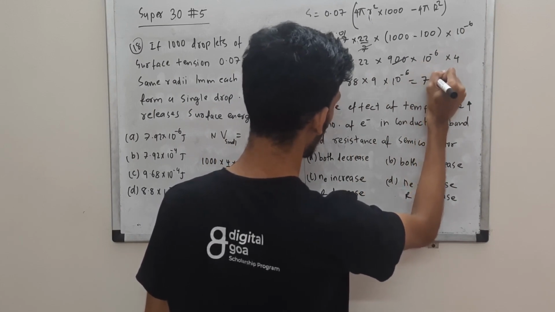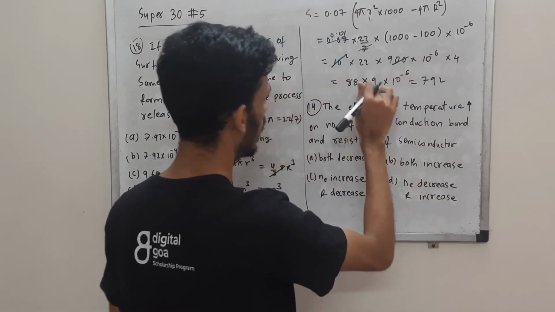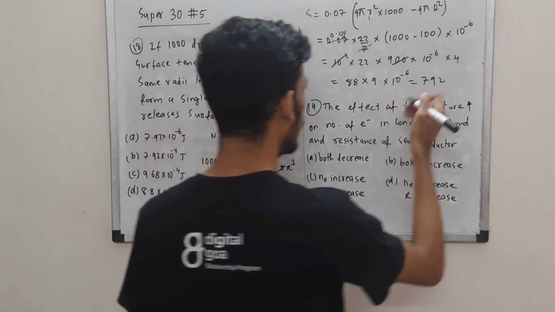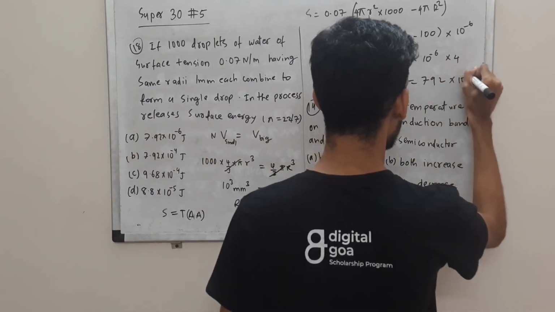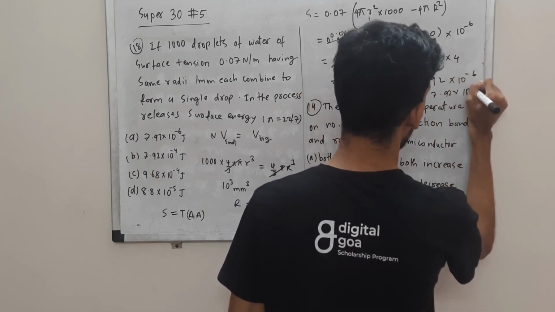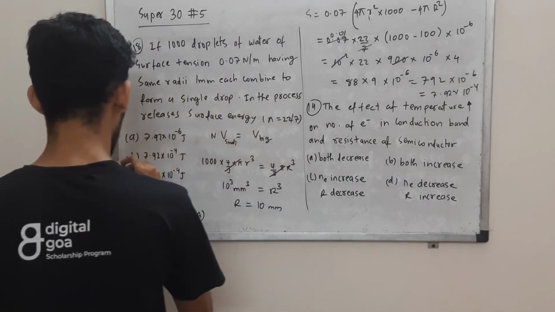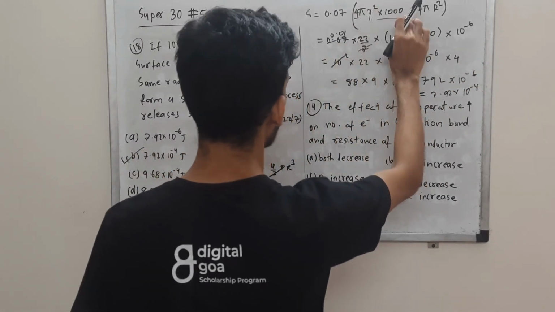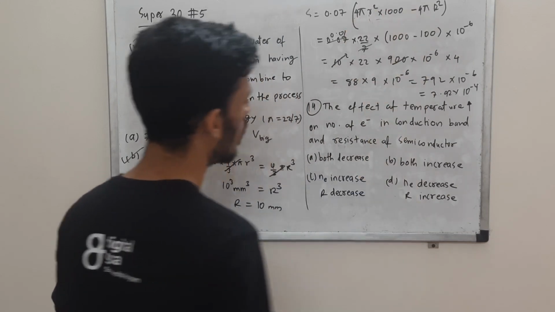Here it will be 792. You can check it: 8 9s are 72, 8 9s are 720 plus 72, 792. And 10 to the power minus 6, or you can write it as 7.92 into 10 to the power minus 4, which is option B. So don't forget this 1000, don't forget this 4. It's a sphere, the area is 4πr².